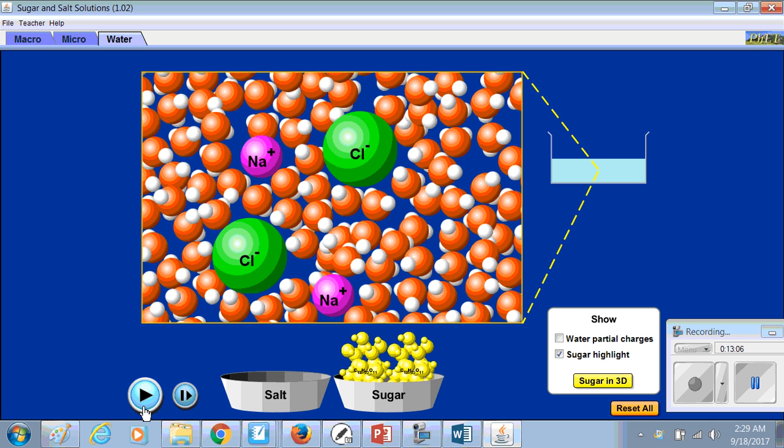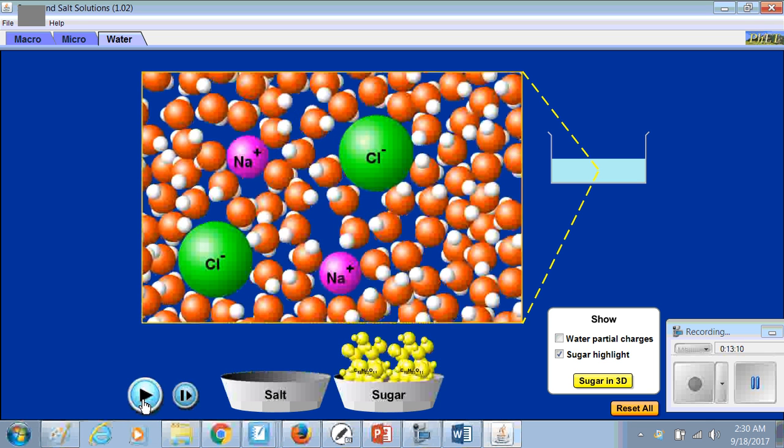Let me pause there. It's kind of doing it. Let me get a little bit further. It's a little bit better. Okay, what I want you to notice is this, and I've got another slide to show you a little bit better. But if you'll notice, around the sodium ions, water is going to orient itself so that its oxygen end of the molecule is close to the sodium ions.